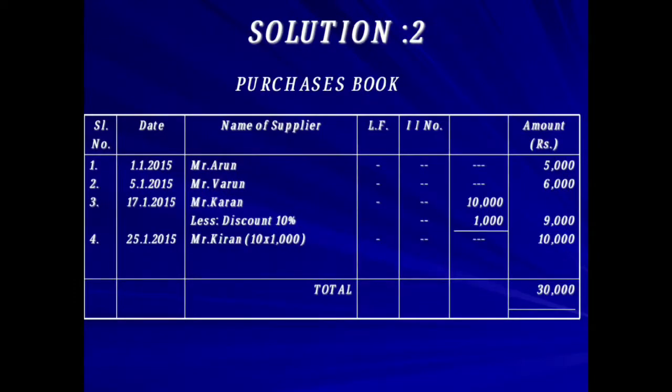Okay, fourth entry 25/1/2015, Mr. Kiran, from whom we have purchased. Nothing but he is the supplier. Okay, supplier name it is 25th. Okay, Mr. Kiran. Then how much we should pay him? 10 bags of rice we have purchased, 1,000 per bag, so totally 10,000 we are going to pay him.